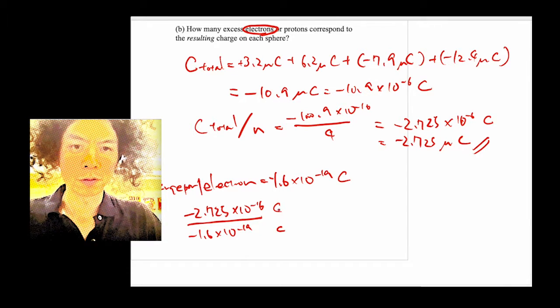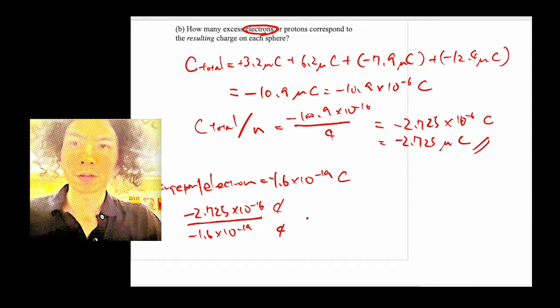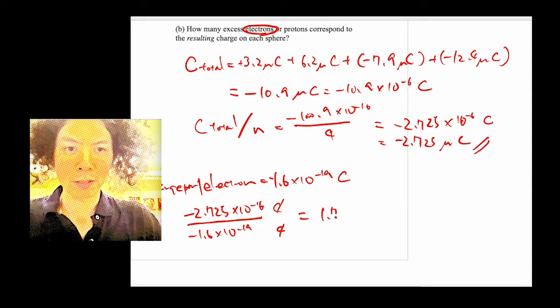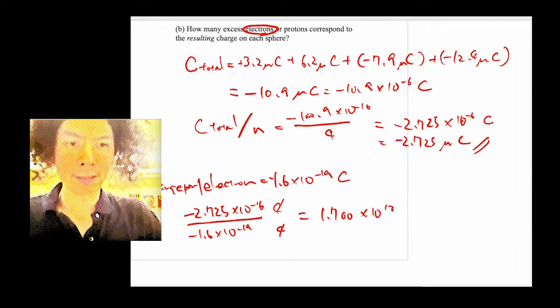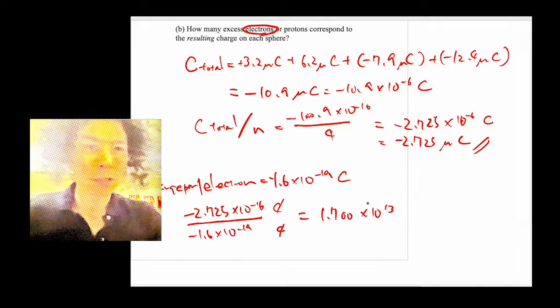Both are coulombs, so the units cancel out and you get a unitless number. If you calculate this out, you get 1.700 multiplied by 10 to the 13 electrons. So this is how you do it. I think it's pretty simple.